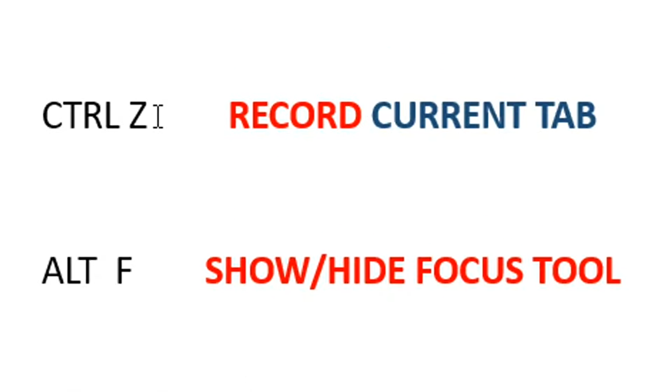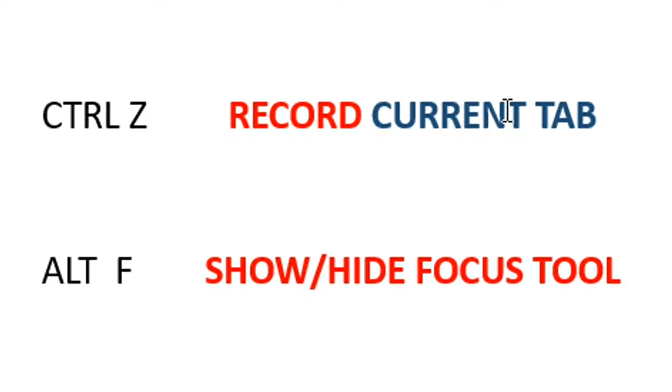Finally, Control Z will allow you to ensure that you are recording the current tab you happen to be in. Now, I think by selecting your desktop, you never really have to worry about selecting the current tab you're in, because the assumption is the current tab you're in will be displayed on your desktop.